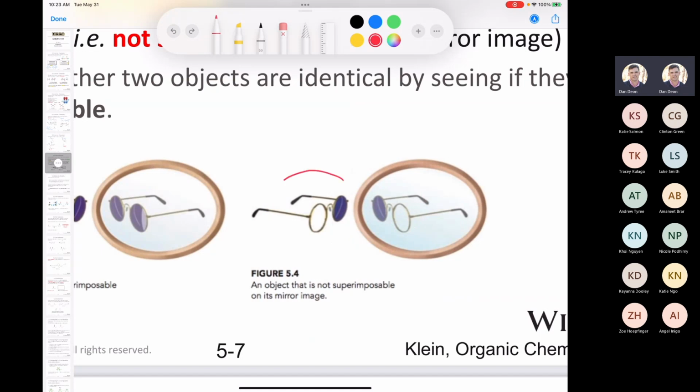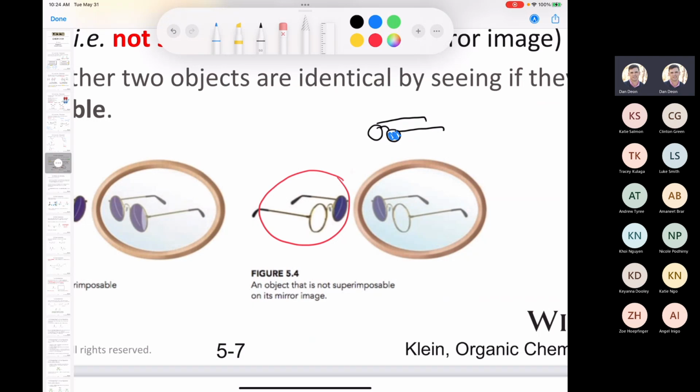I'm going to draw these sunglasses in the red circle. I'm going to draw them above here. So let's see, you got one lens and you got the thing here. You got the next lens, you got this, and you've got this. So if I redraw what's in the red circle, I would have the shaded inside over here. Now, if I take that and I try to superimpose it on here, you see that they don't superimpose upon one another.